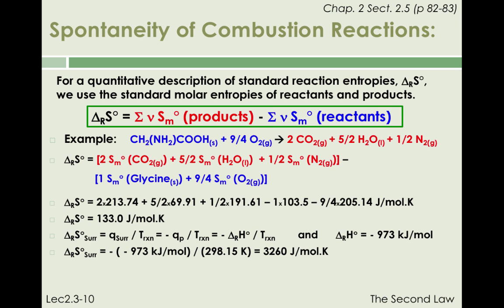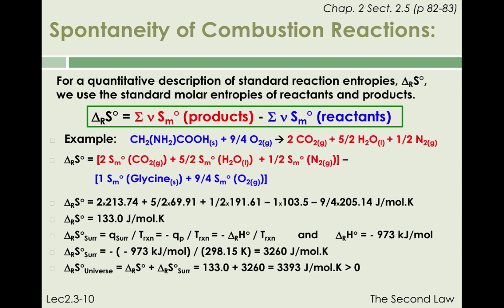Hence, ΔrS standard for the surroundings is equal to 973 kilojoules per mole of reaction equation divided by 298.15 Kelvin, assuming, of course, that the reaction is carried out at 25 degrees Celsius. And this is equal to 3,260 joules per mole per Kelvin.